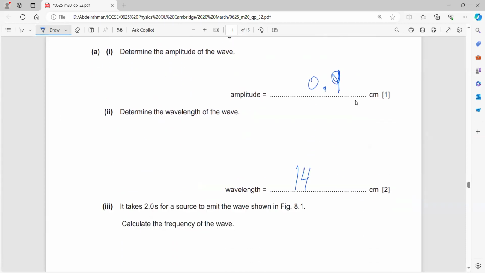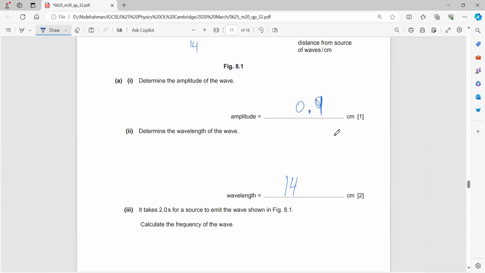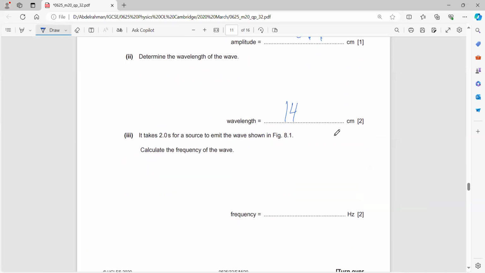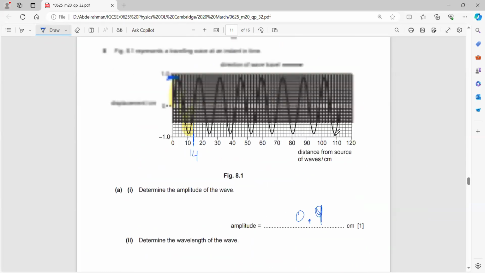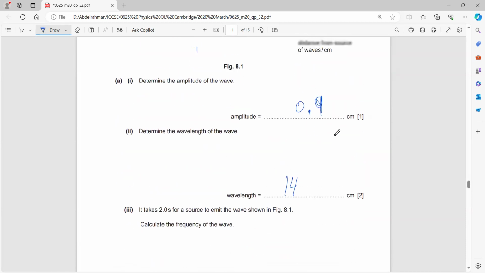It takes 2 seconds for a source to emit the wave shown in figure 8.1. Calculate the frequency of this wave. How can I find the frequency? One over the period. But you don't have the period. Number of waves over total time.